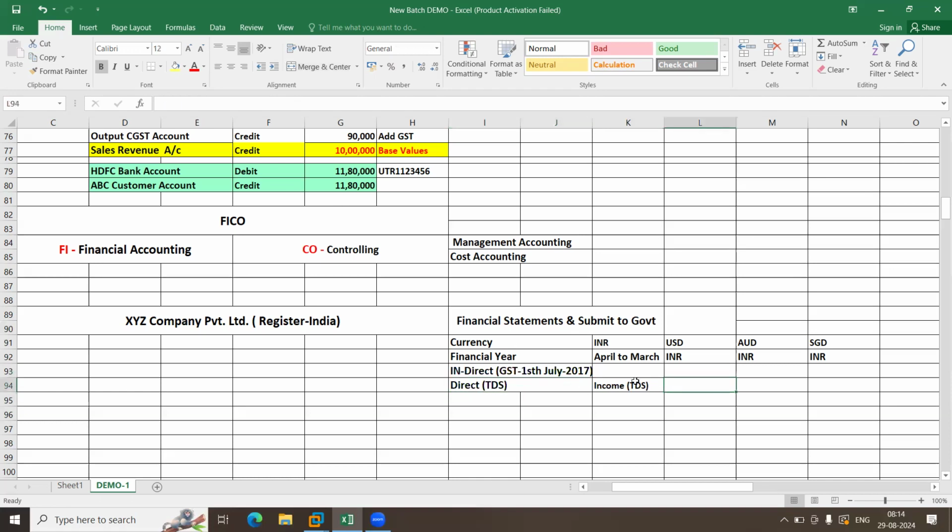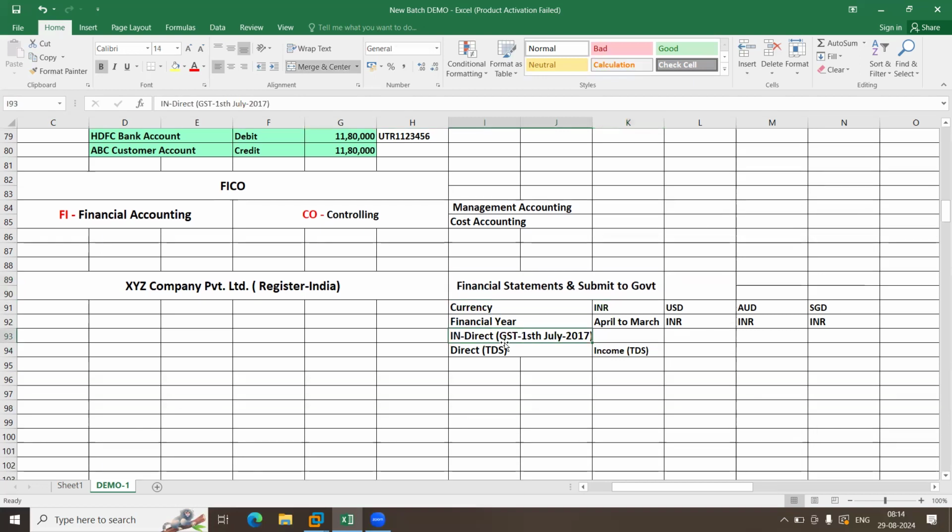Then it comes under the pure finance model because we are going to procure the service and account for it. Rent purchase, IT service purchase, audit service purchase, cab service purchase come under finance as well as GST calculation and TDS calculation. So we need to follow all these things.